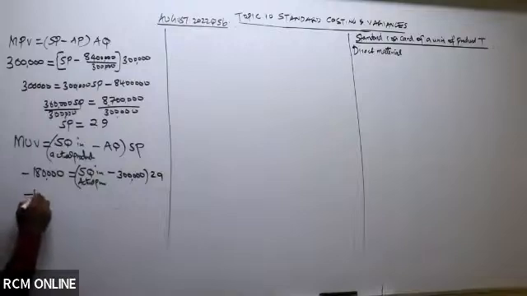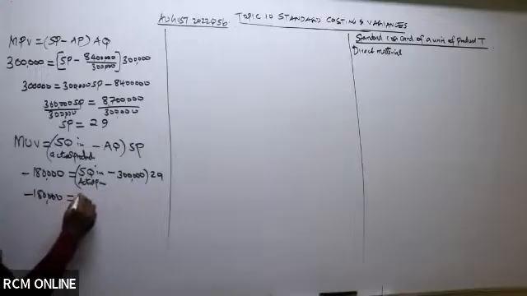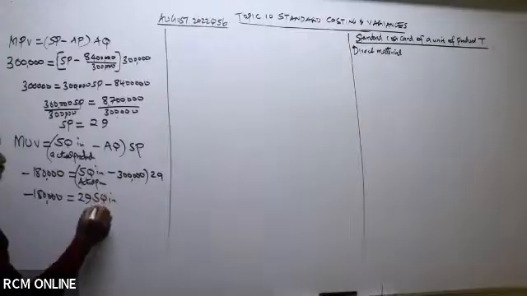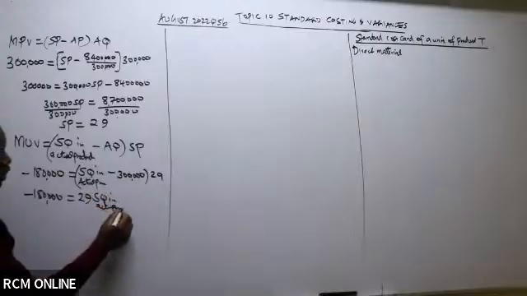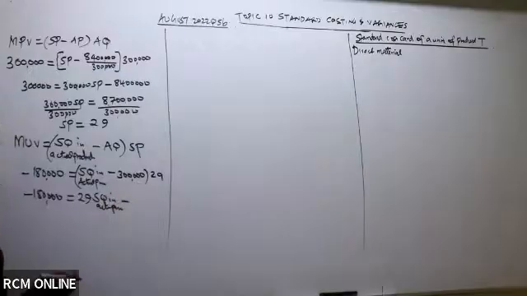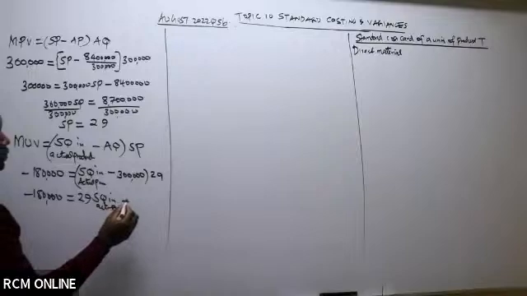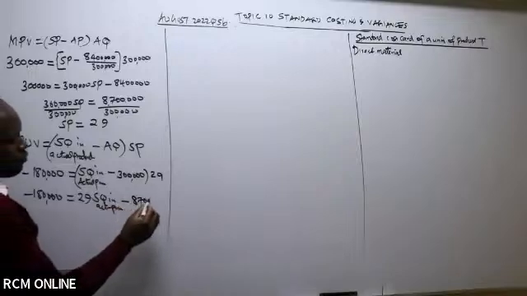So negative 180,000 is equal to 29 times standard quantity in actual production, minus 300,000 by 29. What do you get for 300,000 by 29? 8,700,000, right?